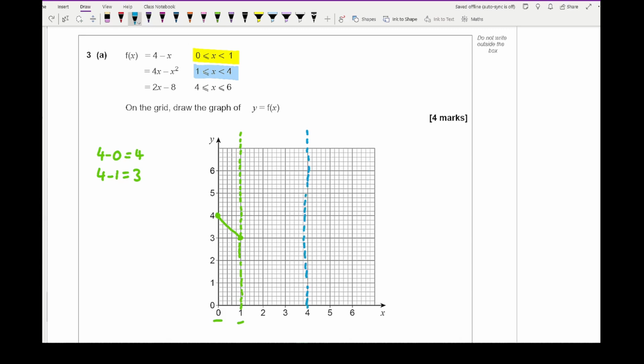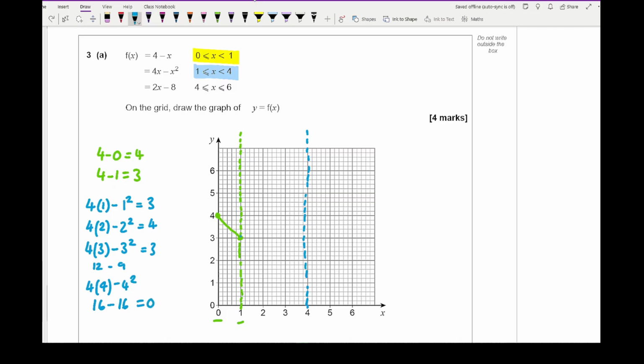If I substitute 1 into that, I'm going to end up with 4 times 1 minus 1 squared, and that's going to give me an answer of 3. 4 times 2 minus 2 squared is going to give me 4. 4 times 3 minus 3 squared, so that's 12 minus 9, which is going to give me 3, and 4 times 4 minus 4 squared is going to give me 16 minus 16, which is 0.